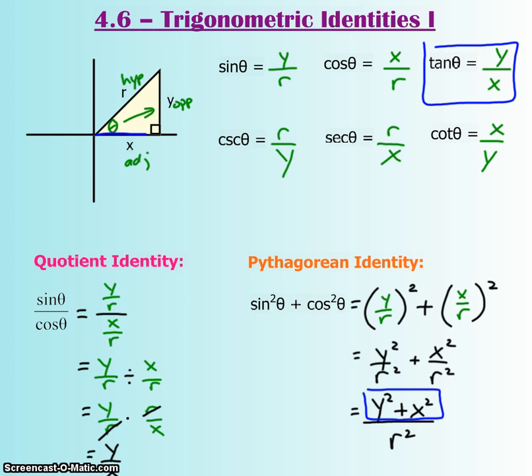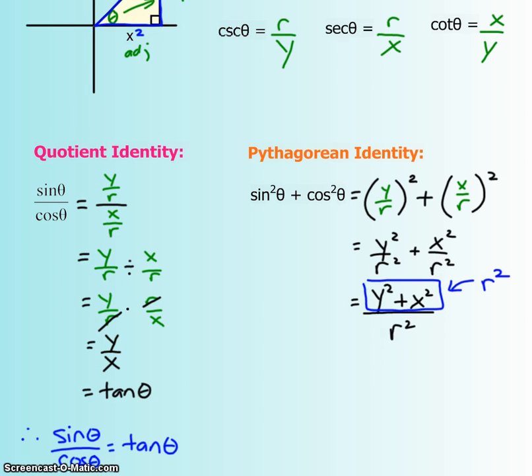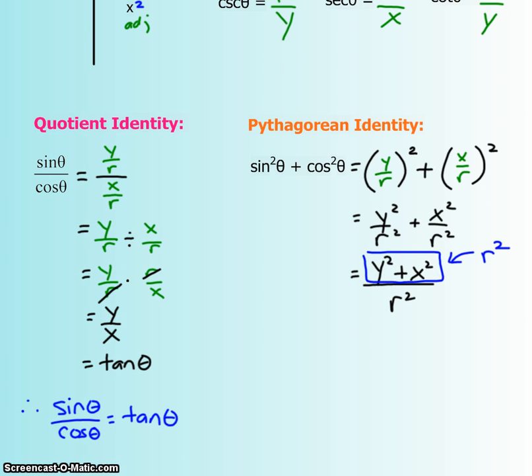If you have x squared plus y squared, isn't that just the Pythagorean theorem? That gives you your r squared. In other words, I could change this to r squared. So when I do that, I'm going to get r squared over r squared, which is just 1.